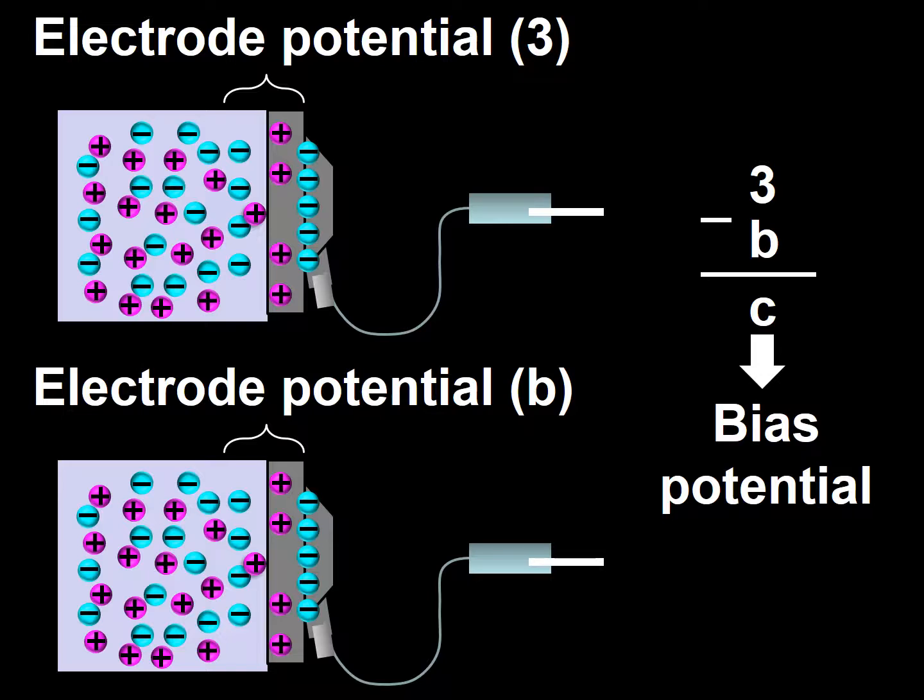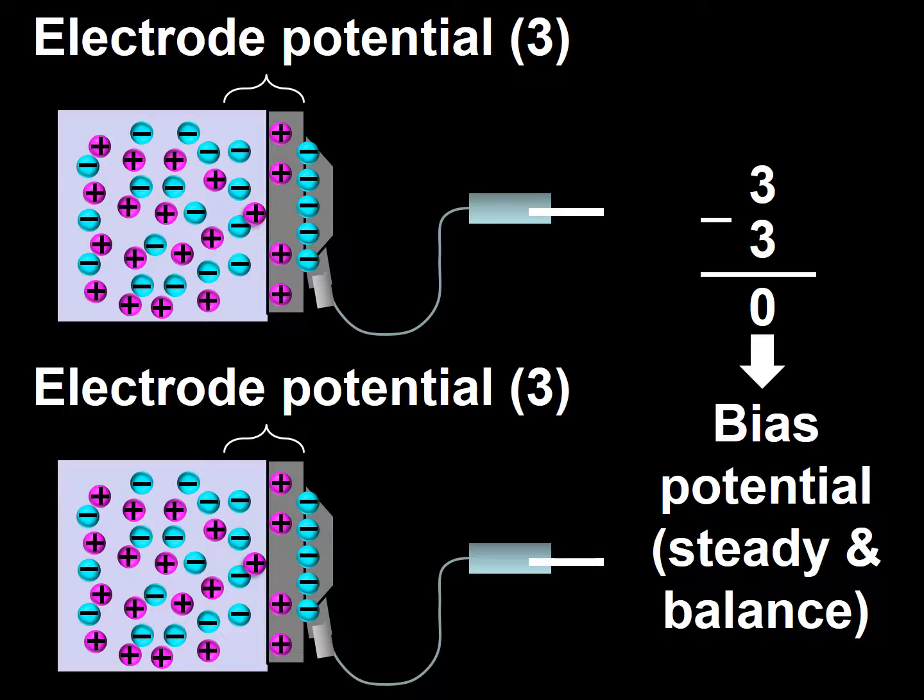Let's say that the electrode potential for A is 3 volts and the electrode potential for B is 3 volts. So the execution of this subtraction is 0. So if the electrode potentials are steady within each electrode and balanced among all electrodes, that is, if the bias potentials are steady and balanced, they will not produce an artifact.